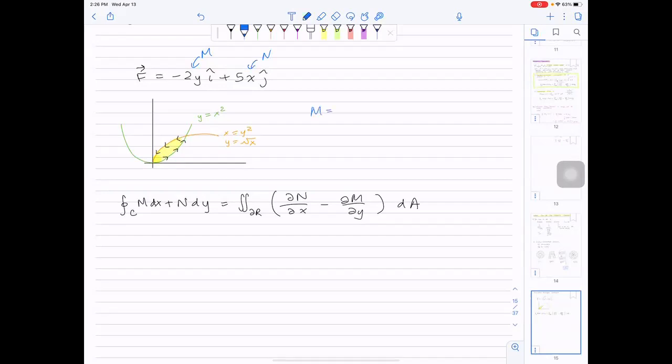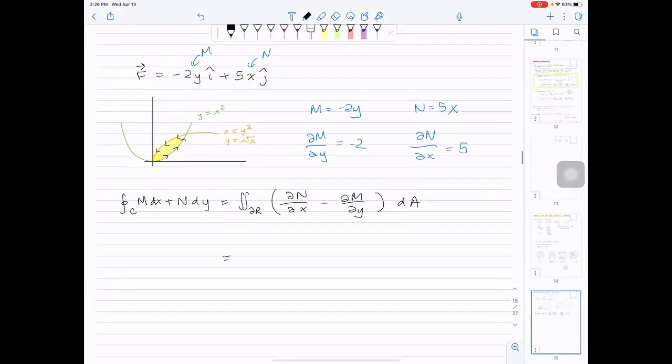So we have M equals -2y, N equals 5x. We need the partial of M with respect to y, which is -2, and the partial of N with respect to x, which is 5. So we get the double integral of 5 minus -2 dA.